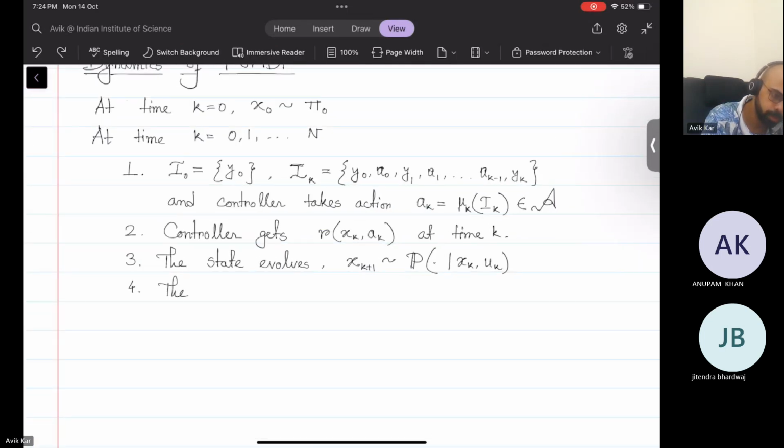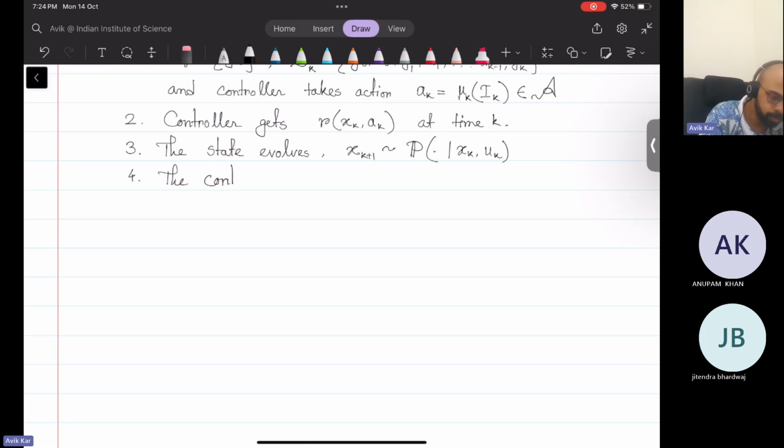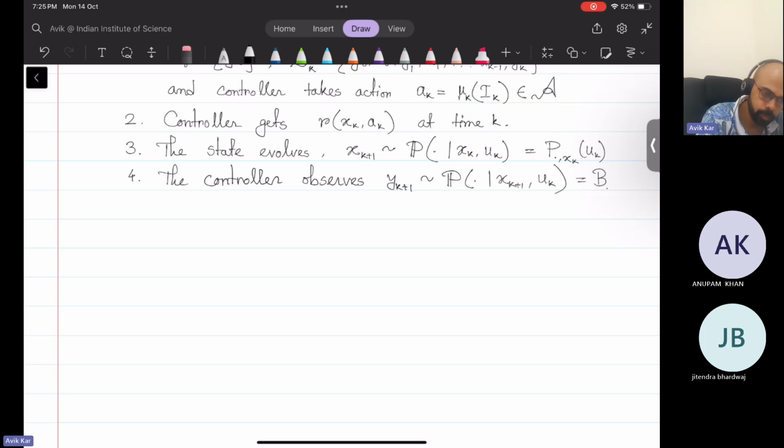Let's just use controller throughout. The controller observes yk+1, which is again sampled from this distribution, with P(.|xk, ak) for the state and P(.|xk+1, ak) for the observation.